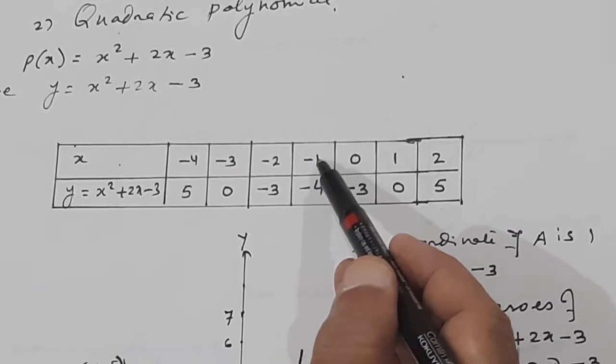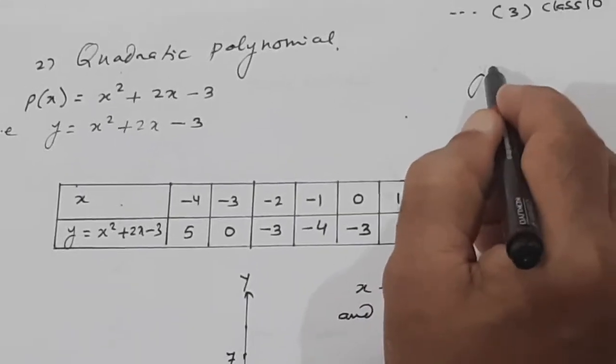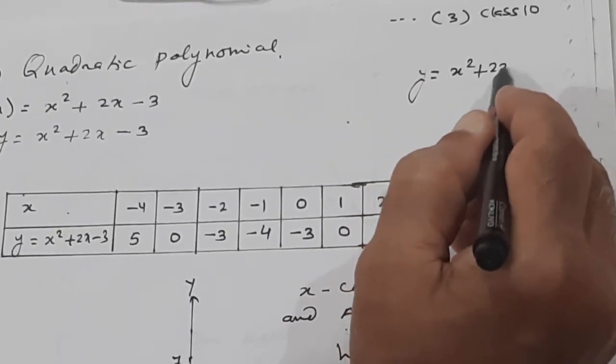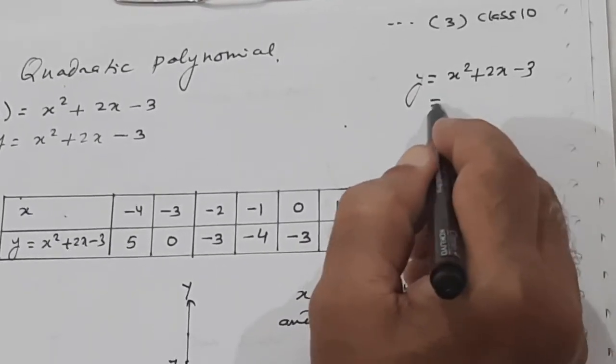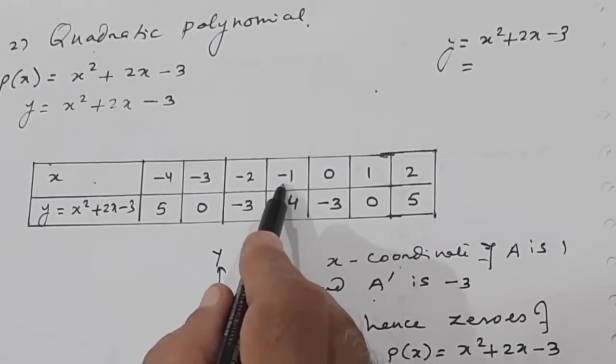Take x as 1. If you want, you can see it here, I am showing you one value. y is equal to x square plus 2x minus 3. You can do it in rough. So we have to find the y value by taking an x value from your mind.